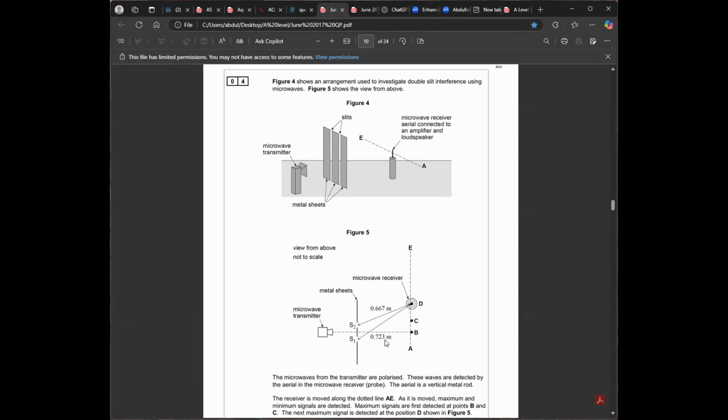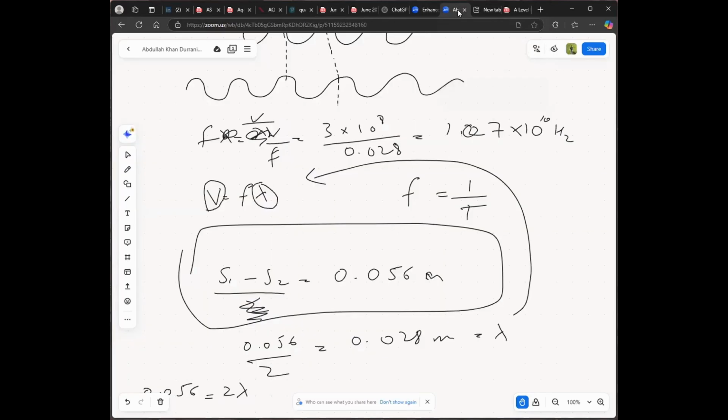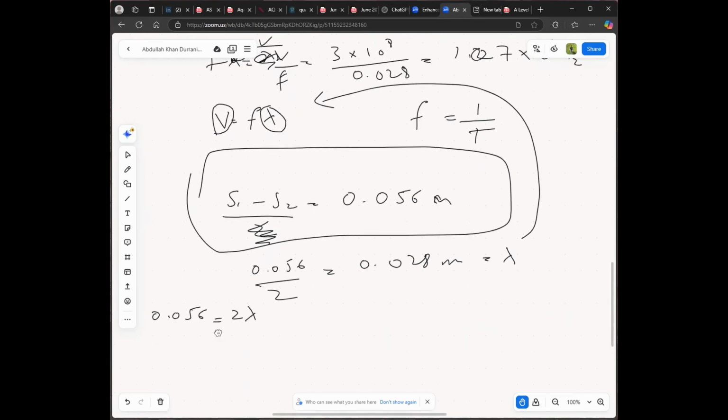So when you calculate 0.723 minus 0.667, S1 minus S2, which is the path difference, it is 0.056 meters. That should be equal to 2 lambda, because we are talking about D, which is second order. So 0.056 is equal to 2 lambda.